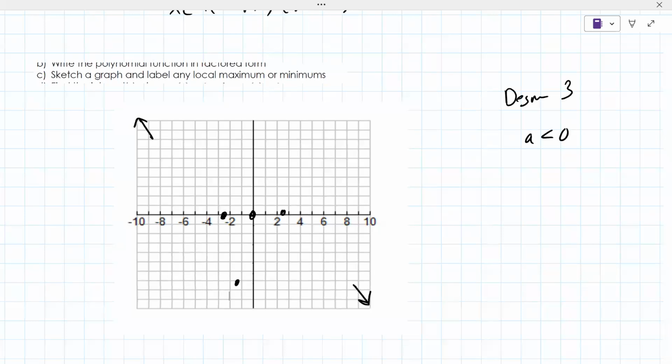I think it's an odd function, so it's the same in the other place. Relative min: this is minus 1.528 comma 7.128, and then 1.528 comma 7.128.